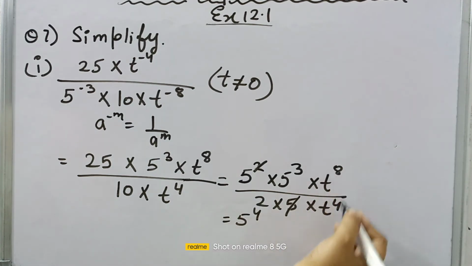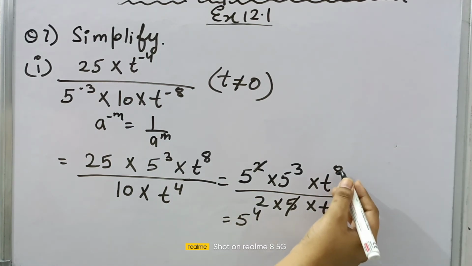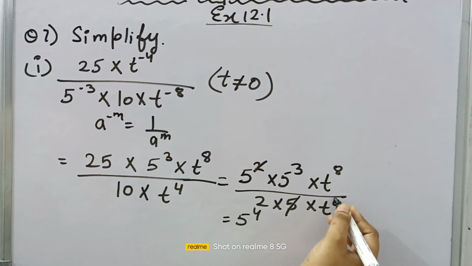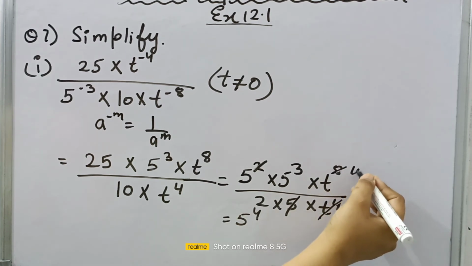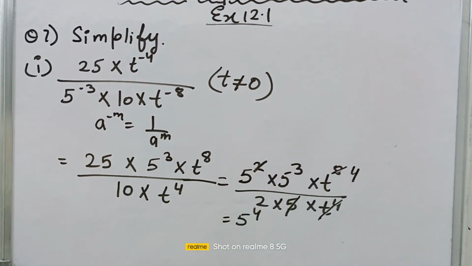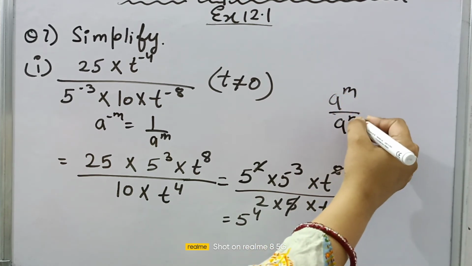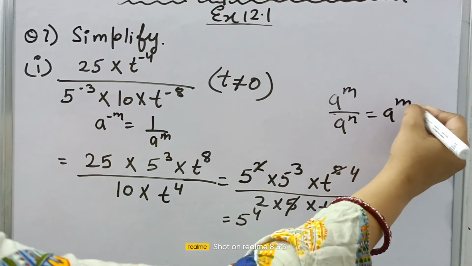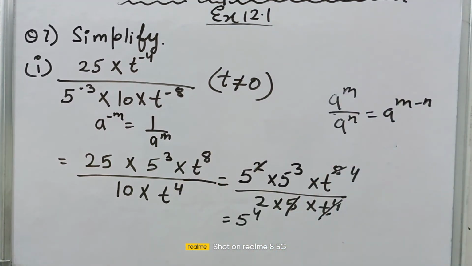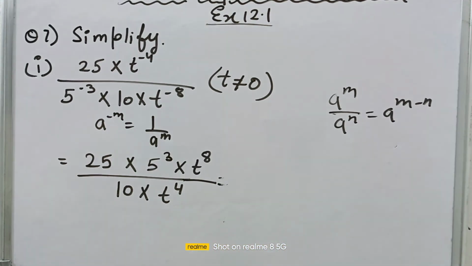In the same way we can cancel out this exponent of t, as we have in denominator t raised to the power 4. So it will become 4. How? By the law a raised to the power m upon a raised to the power n equal to a raised to the power m minus n. Okay, let's not cut them. I'll explain it again.